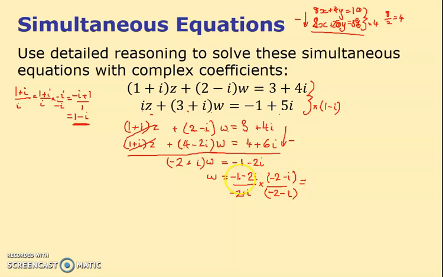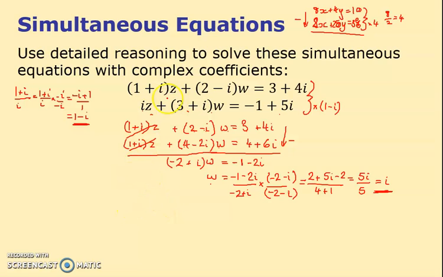If you multiply it out, on the top I'm going to get 2 plus 5i minus 2, and on the bottom I'm going to get 4 plus 1. Well, that's quite nice actually, because it gives me 5i divided by 5, which is i. So I've finally got the answer for w.